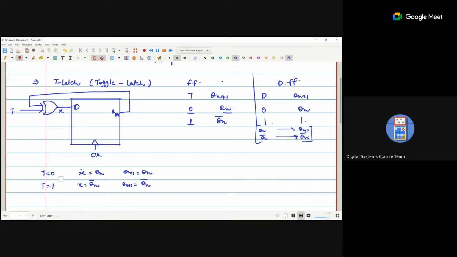When it is 0, you can say either no change or 0. So we can implement this T flip flop using the D flip flop. Now if I write the equation, we know that D is nothing but the XOR of T and Qn.